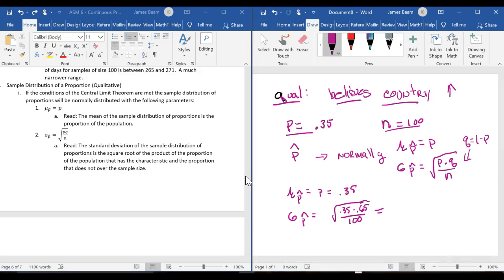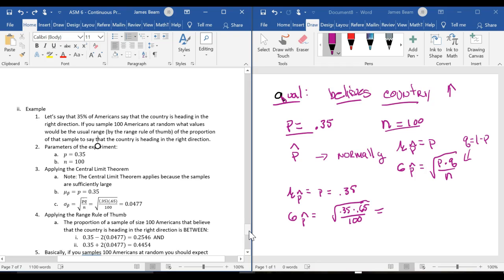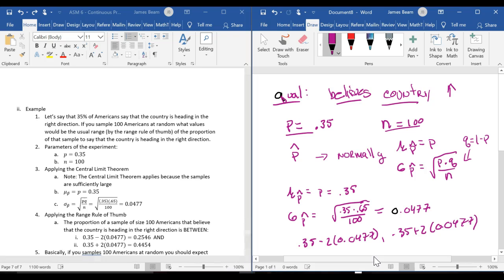So in this example, that comes out to, I believe, 0.0477. This means that the samples I'm getting should be between 0.35 minus 2 times 0.0477 and 0.35 plus 2 times 0.0477, which means they should be somewhere between 0.2546 and 0.4454.